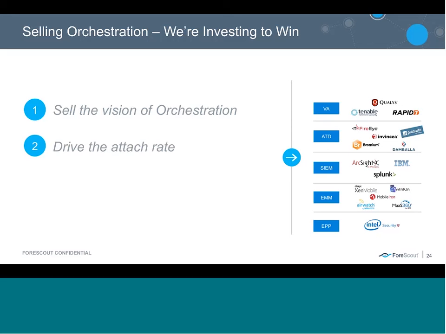Drive the attach rate. What we want to do is try and figure out where the partners are. So which VA products does the customer have? And get in to those partners that may not have ForeScout at the moment and explain to them the added value based on that.